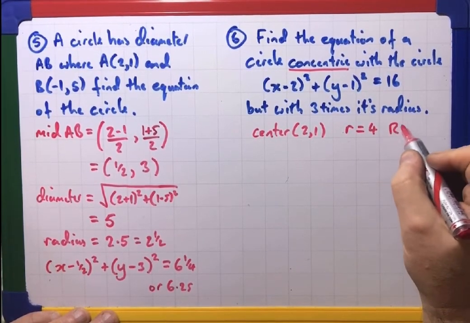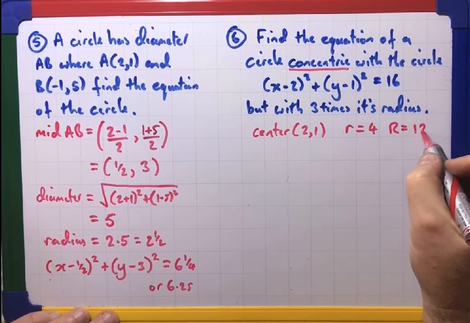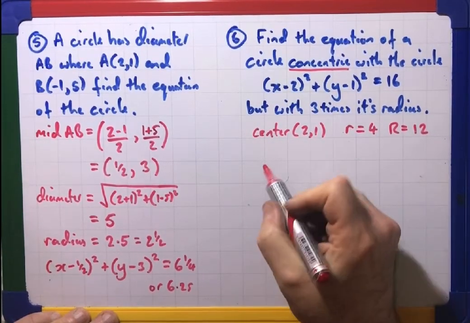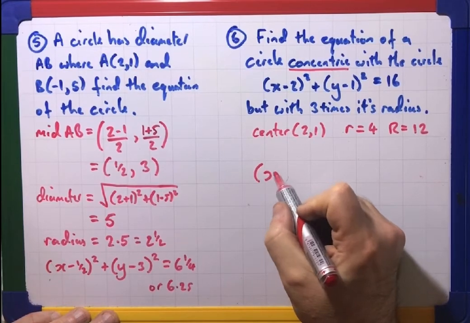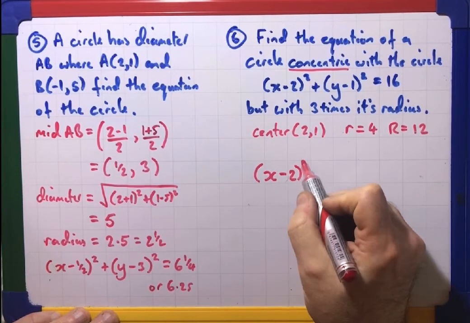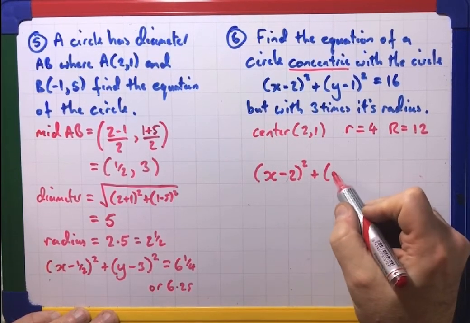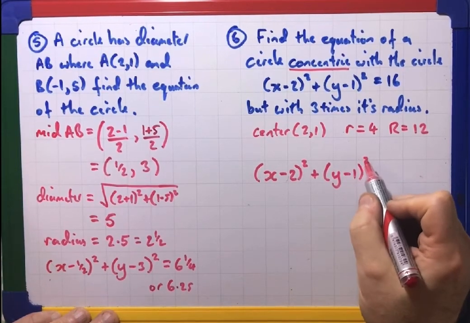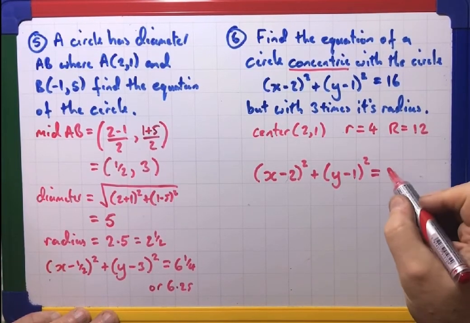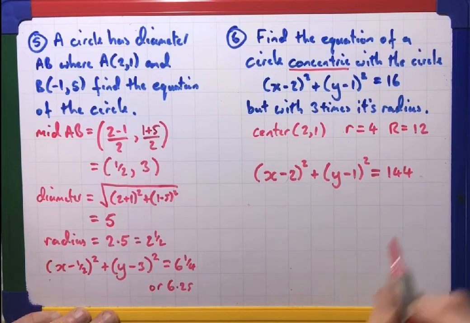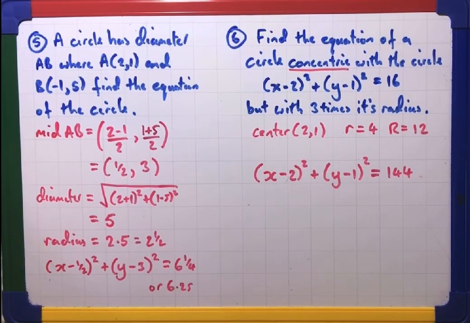So the new radius is 3 times that, which is 12. So what we have is (x − 2)² + (y − 1)² = 12², which is 144. You should now be able to do all the questions in the second exercise.